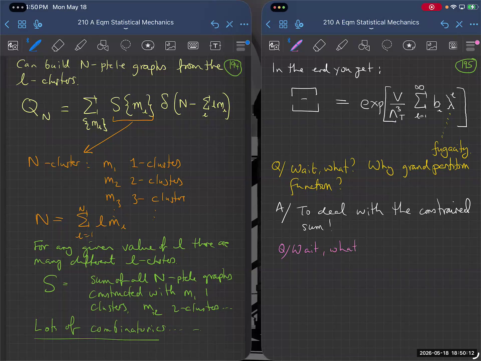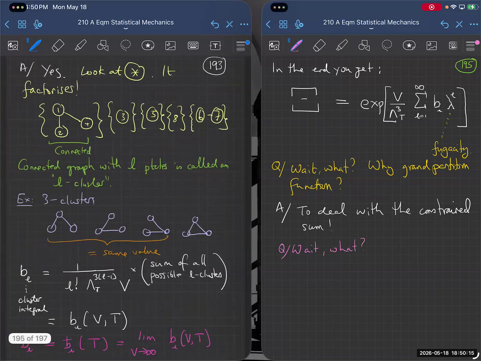Wait, what? The BL is only L clusters. And L clusters are what? Let's have a look at the previous page. L clusters are connected graphs. So BL is only connected graphs.